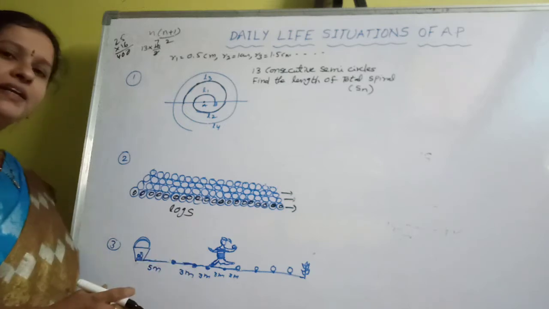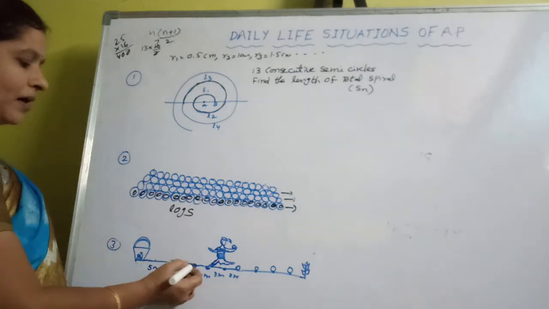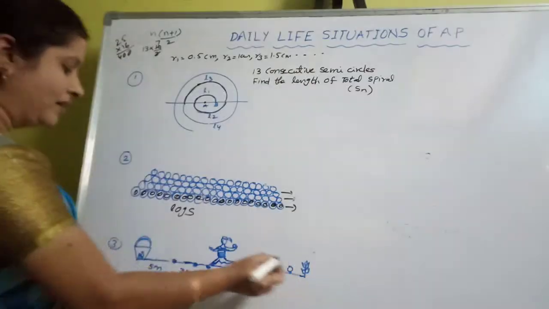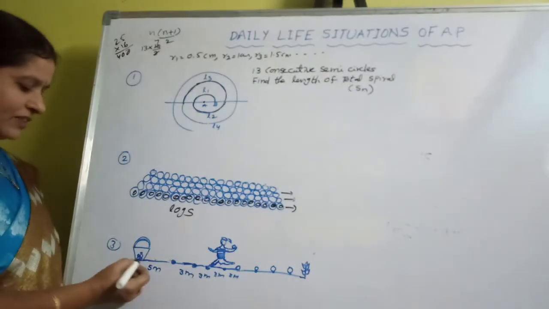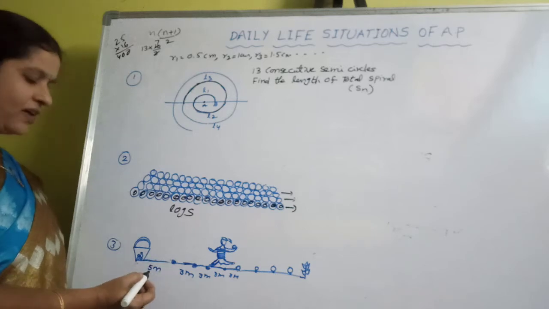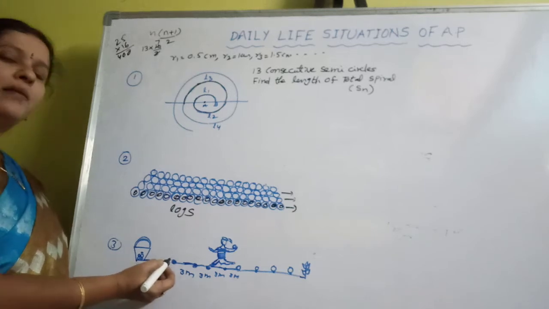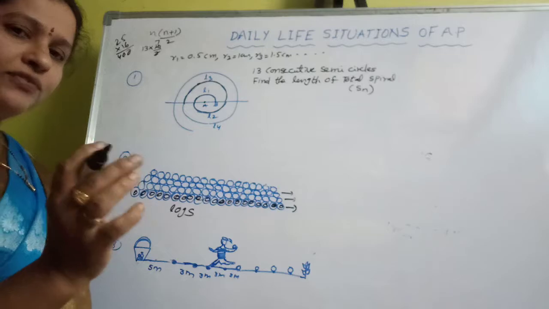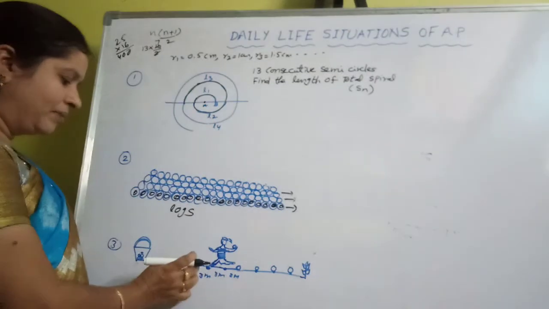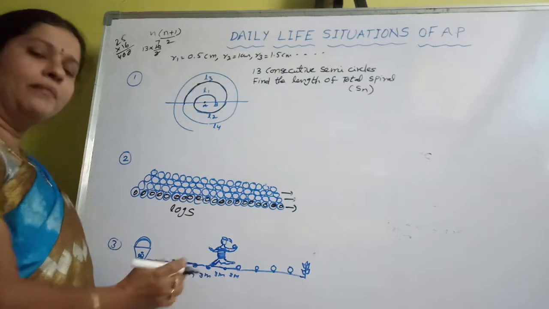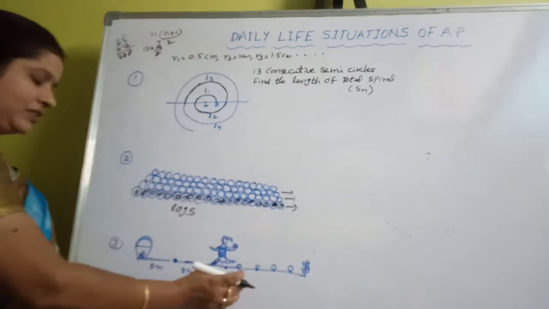Here, what is the condition? So many balls are placed in a line. The first ball is placed 5 meters from the bucket. Remaining balls are placed at 3 meters distance each.